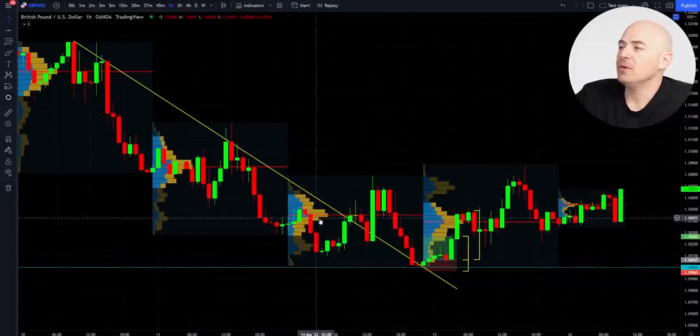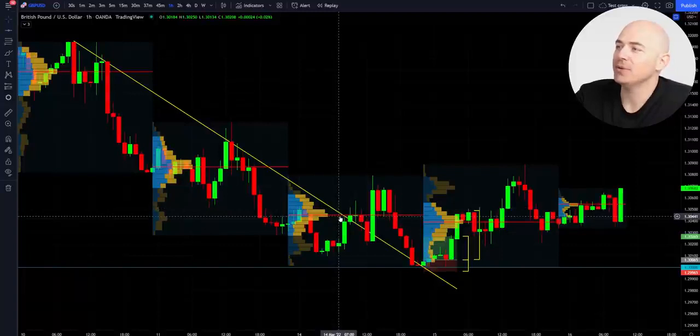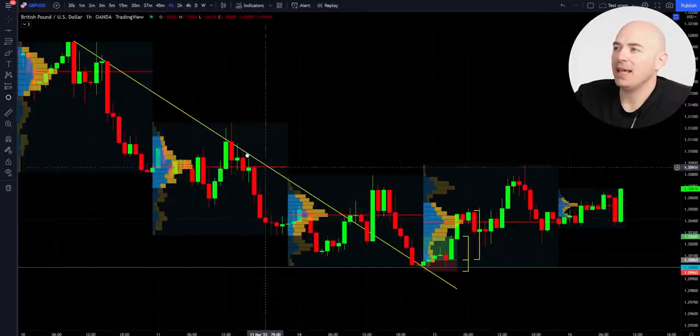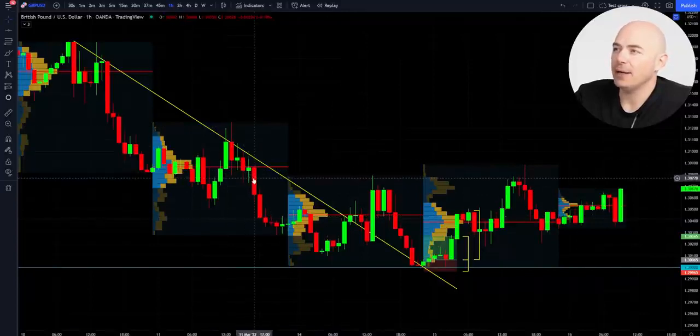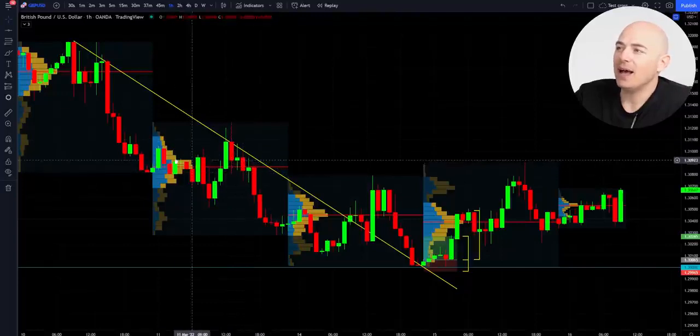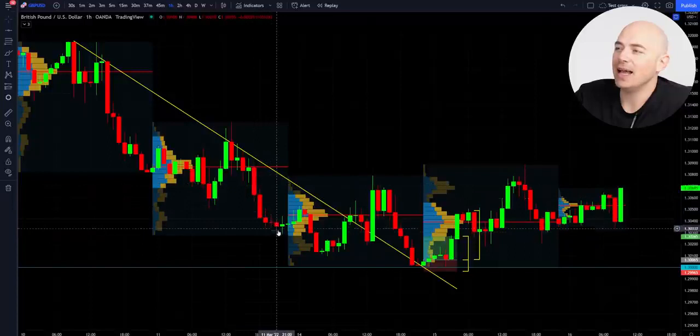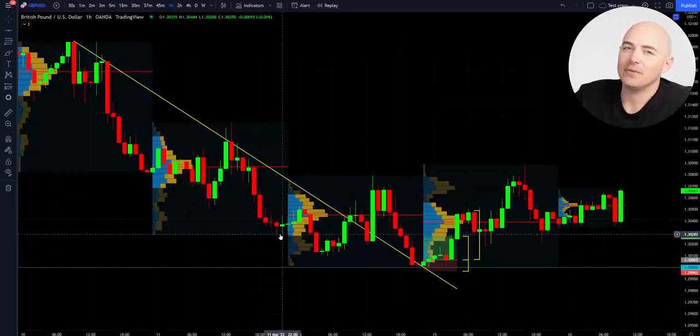Now, a lot of people use these volume profiles as entries for their trades. Like that's the area that they want to get to and then get in their trade. But I've found that it works best if it's leaving that area. If you are trading with the trend and the price is leaving that high volume profile area, you want to ride that trend down until the volume starts decreasing and then get out of your position.